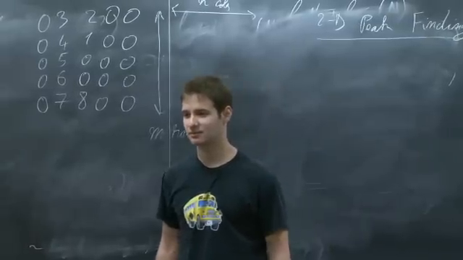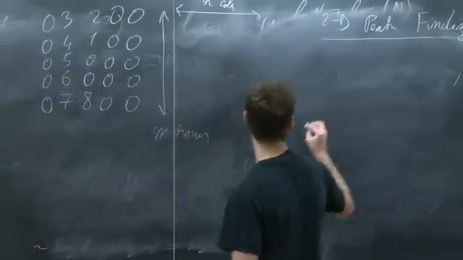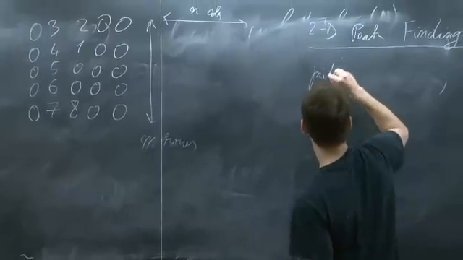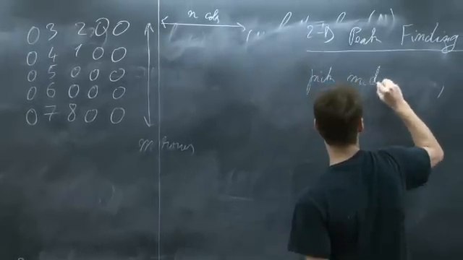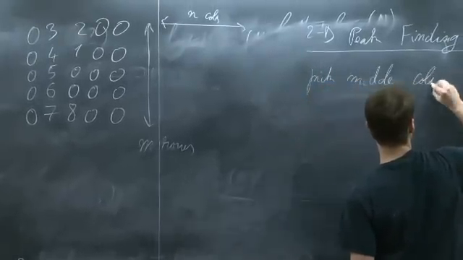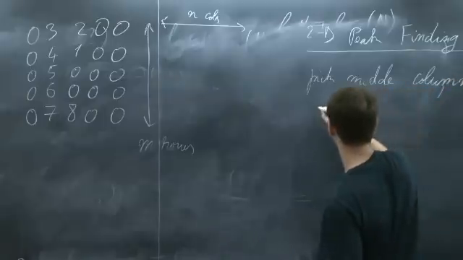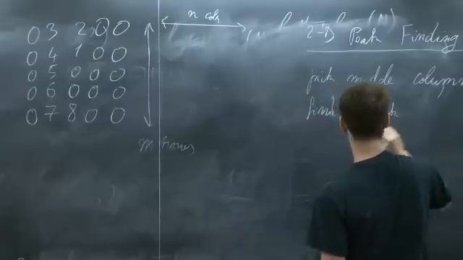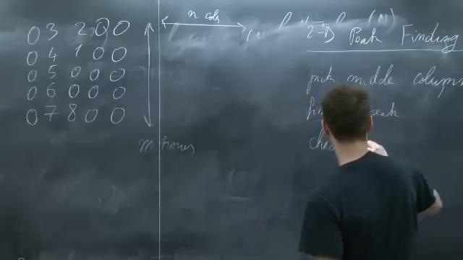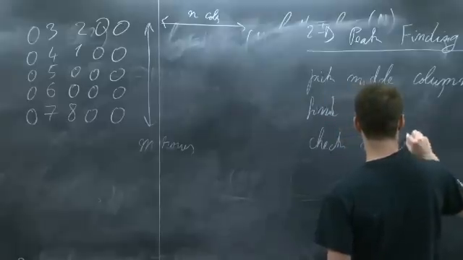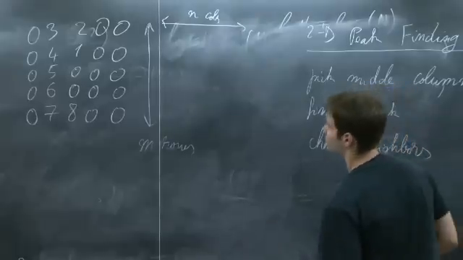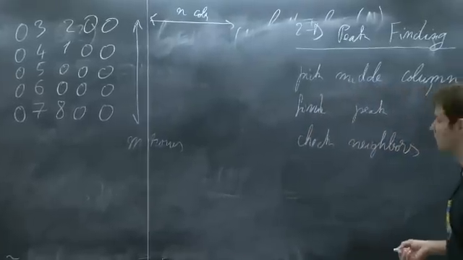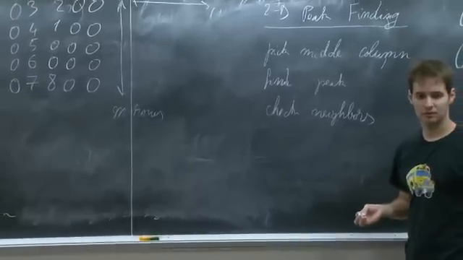So you just pick a middle of the column, and then you find a peak there, and then check the neighbors in the same row.